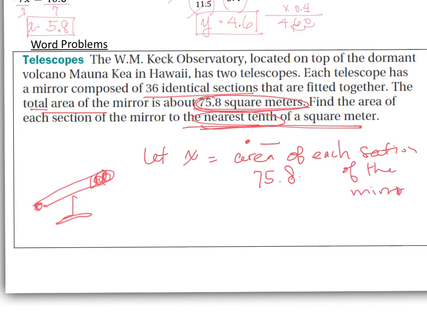So since there's 36 in all, 36 times x would give me the total area. And now I can take that and solve for x. I'll divide by 36 to both sides. Cancel out the 36, and we can do the math.